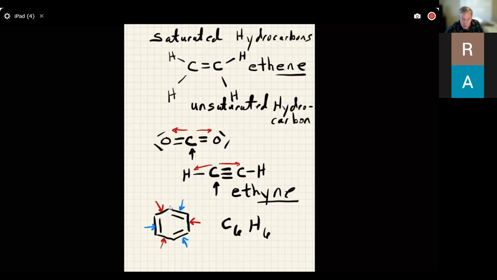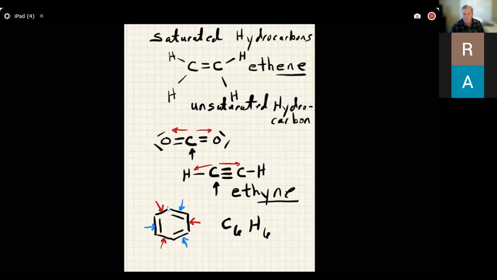Same thing over here, this top carbon atom. How many bonds are connected to that carbon atom? There are three: one, two, three bonds connected to that apex carbon atom. So it only needs one more, and what is not shown is a hydrogen. You can do that for the others. So that's benzene. I'll write the name for you.